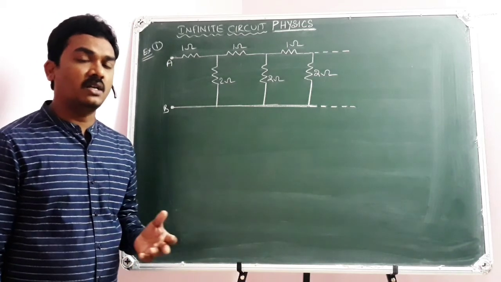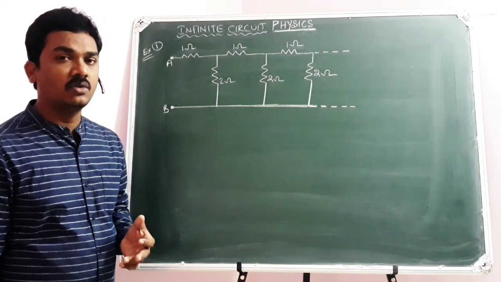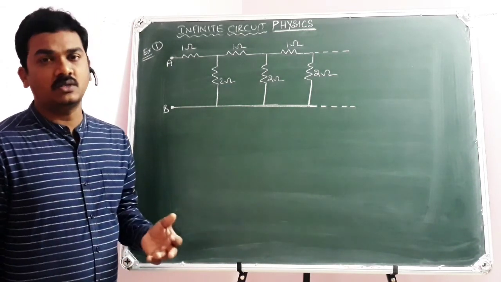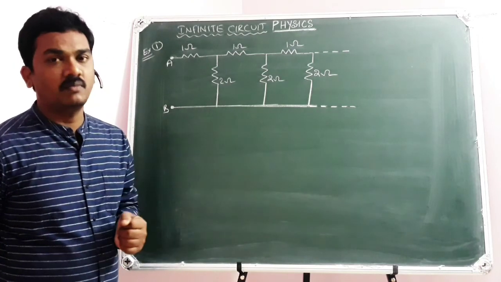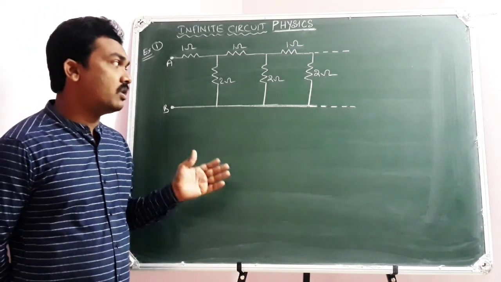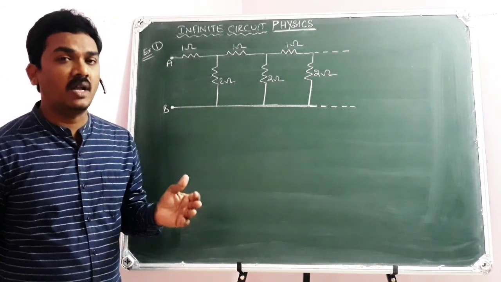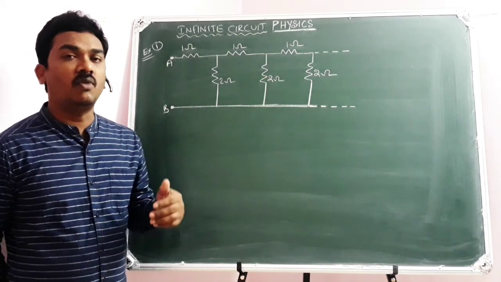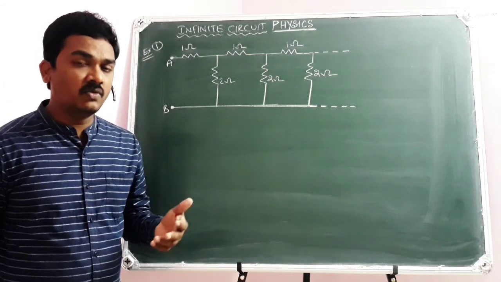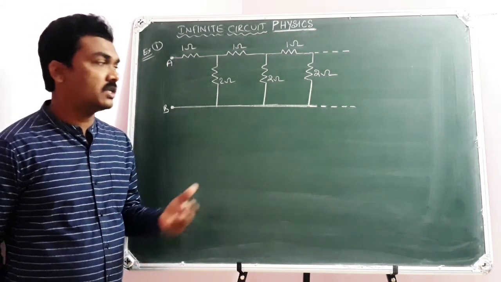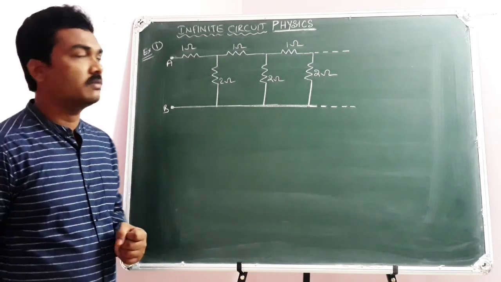We have discussed earlier in the concepts of capacitors also, the circuit of infinite capacitors, and the same we apply here. So while dealing with circuits of infinite resistors, how do we come across the calculation of equivalent resistance? In what way will the approach be different? We discuss a few examples in today's class.